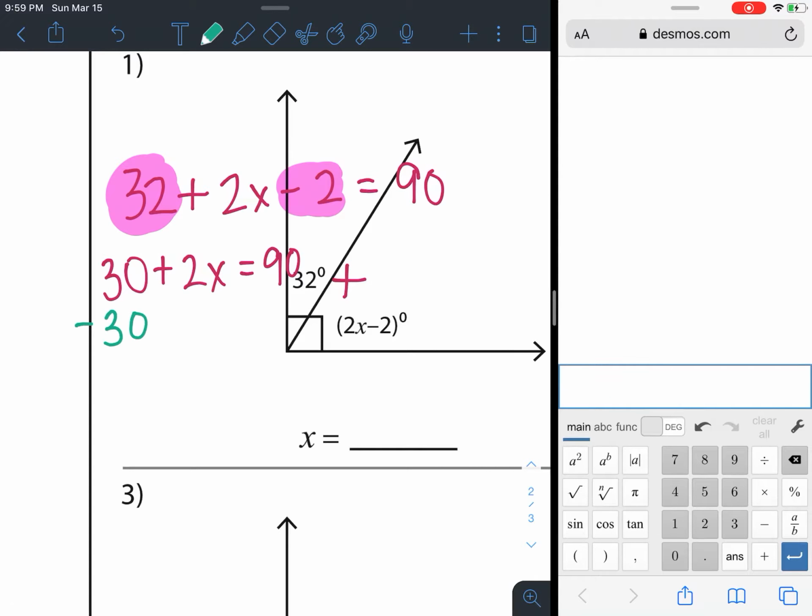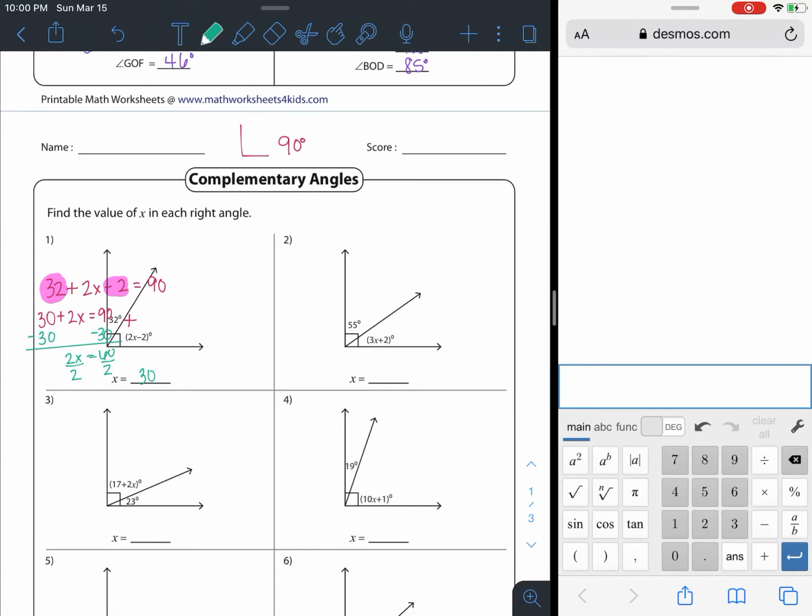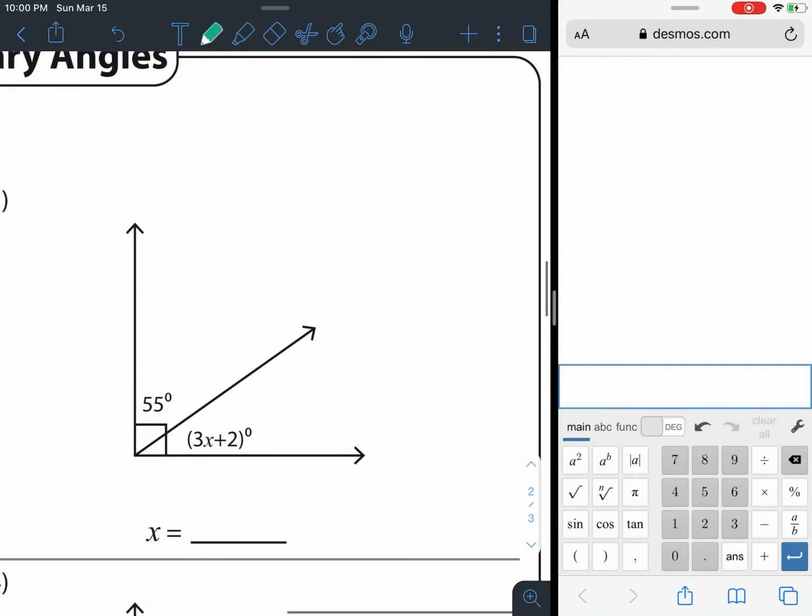Next step, remember we're trying to get x by itself. Subtract 30 on both sides. So now 2x equals 60. So x is 30. Let's do another one. Number 2.